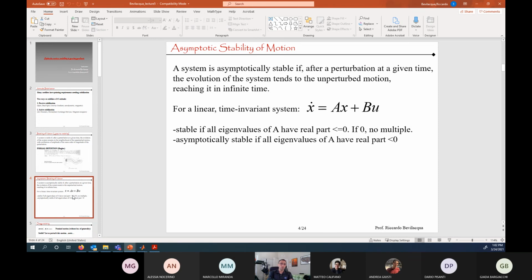So you can have some zeros, and that's simple stability. You can have only one zero, though, no multiple zeros. If you have more than one zero, then the system is unstable. And then you have asymptotic stability, which means that basically there is damping.